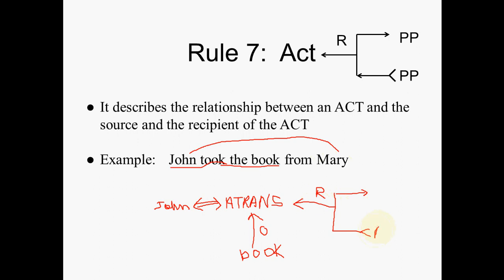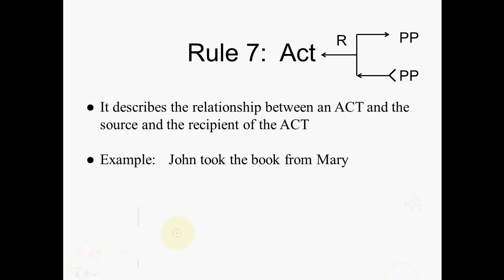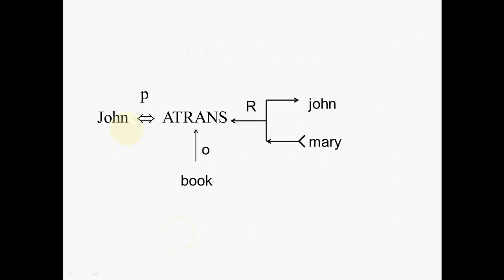Mary. So the book was given by Mary, and who is the recipient? John. So John A trans, the object involved in this transfer is book, and the book went from Mary to John.